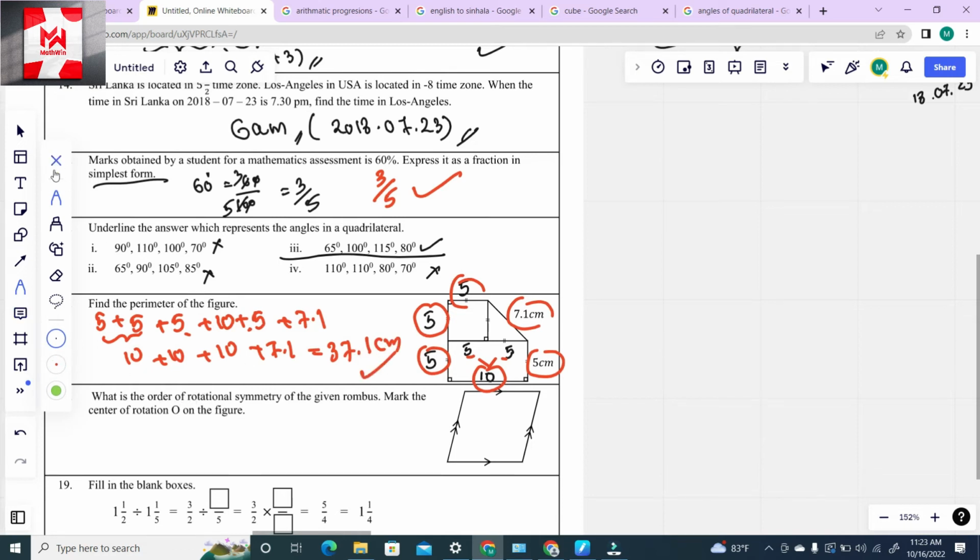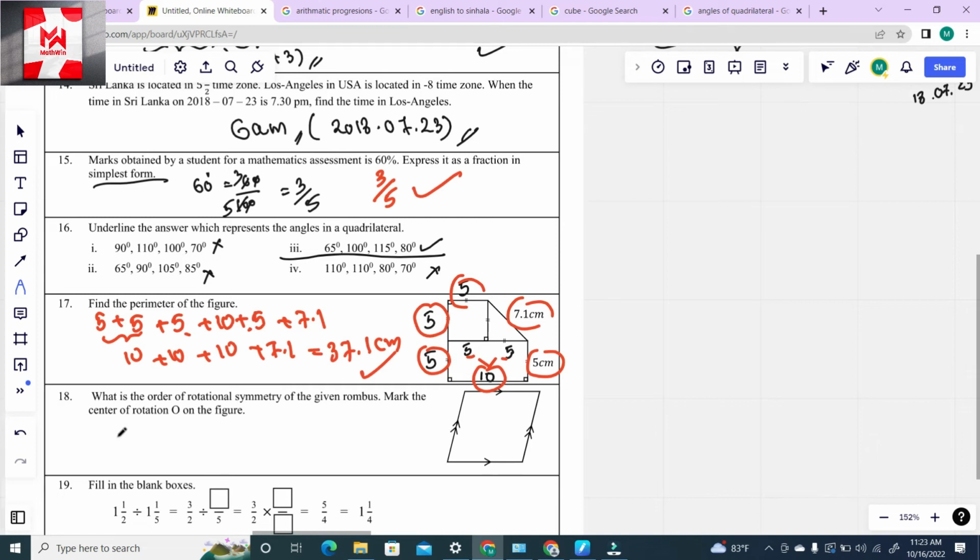And this one, what is the order of rotational symmetry if the given rhombus, mark the center of rotation O? Okay, 18th question. What is the order of rotational symmetry of the given rhombus? Mark the center of rotation O in the figure.